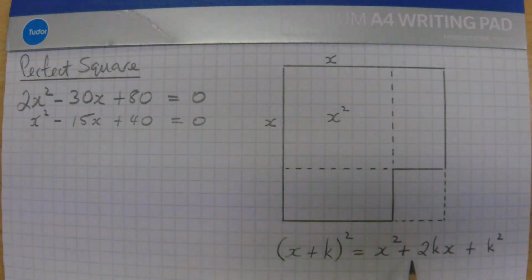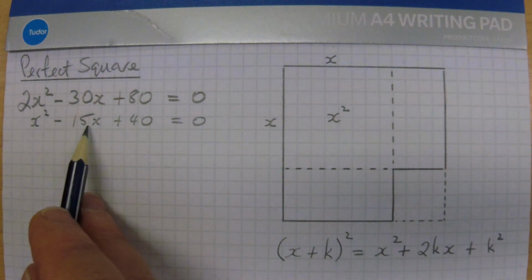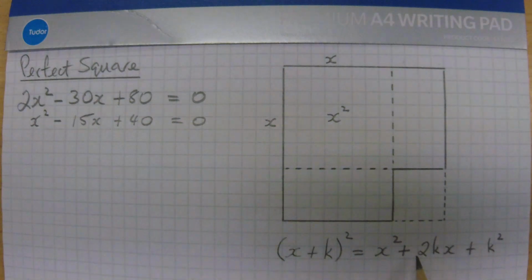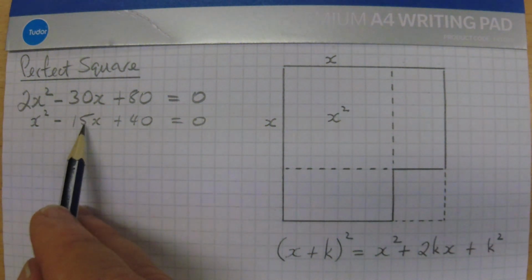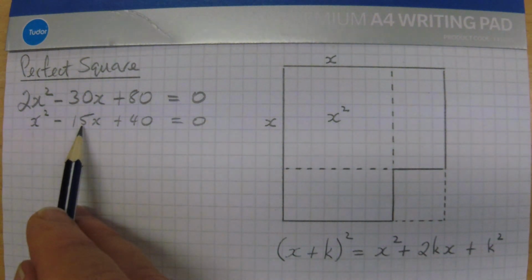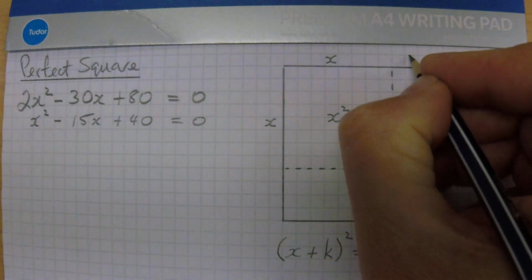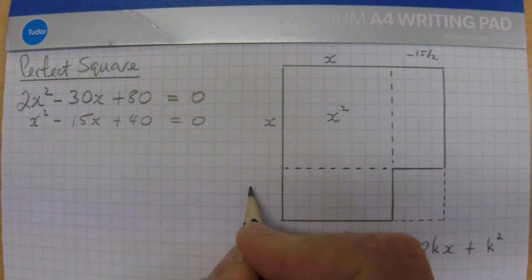The next thing to look at is the second part, 2 times k times x. In our equation we have negative 15 as the coefficient of x. So 2 times k is the same as negative 15. K must be negative 7.5, or better to express it as negative 15 over 2.